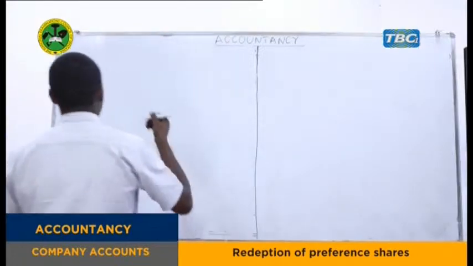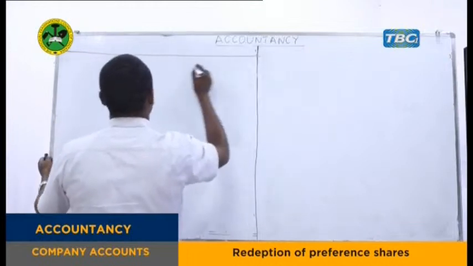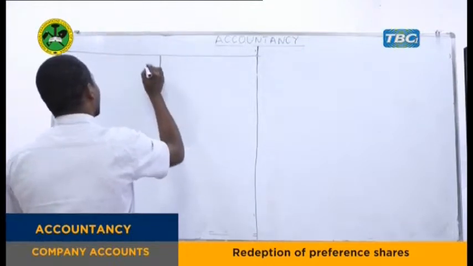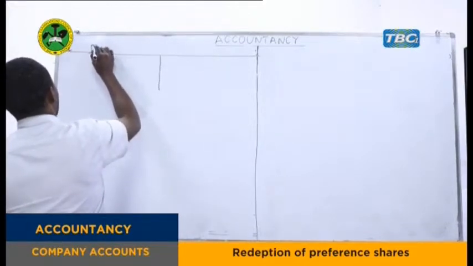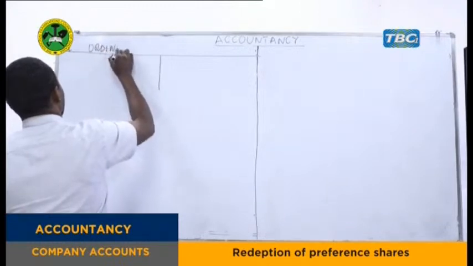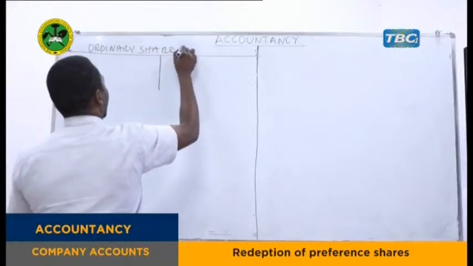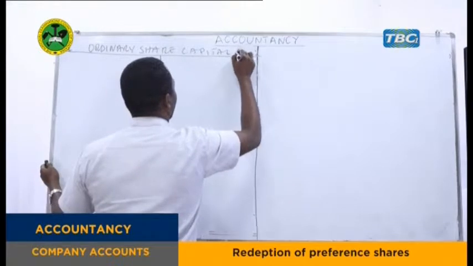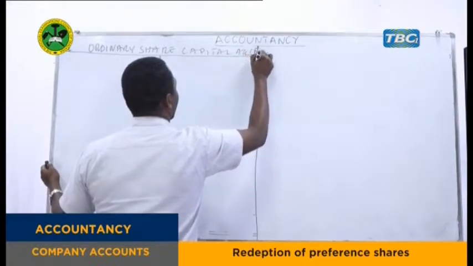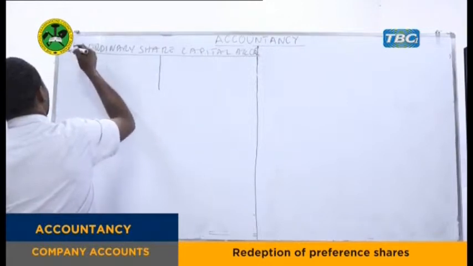We start by opening the balances as shown. We have the ordinary share capital account, which will be credit. Remember the amounts are in TZS.